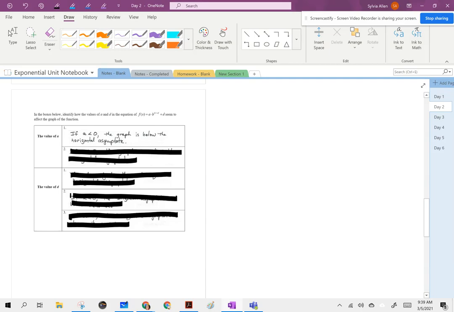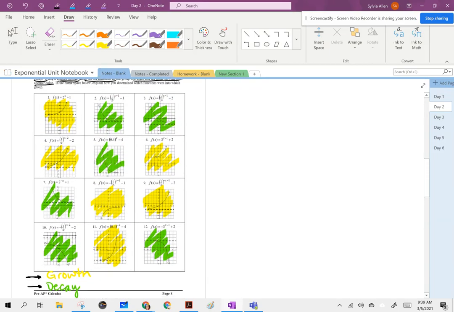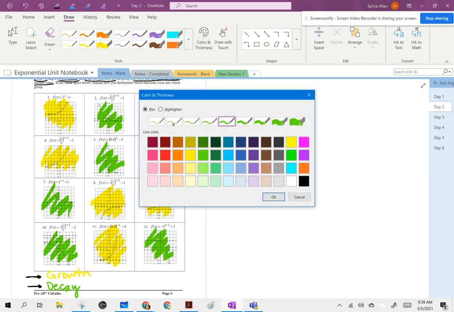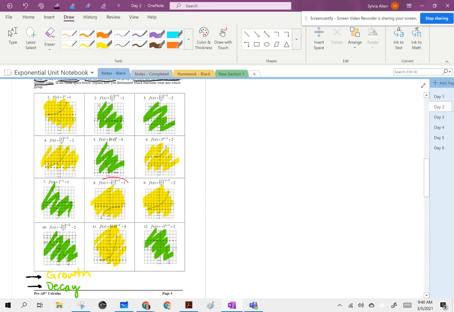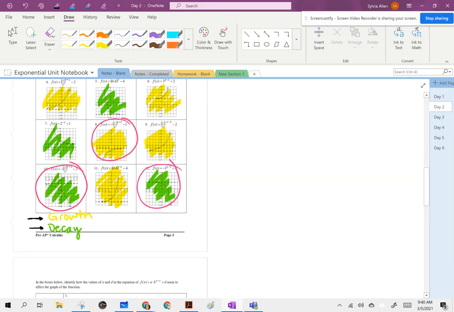Look at that. If A is less than 0, okay, so we're looking for, let me change colors here. A is less than 0, the graph is below the horizontal asymptote. Okay, see if I got them all. The graph is below the horizontal asymptote. Hopefully you see that.